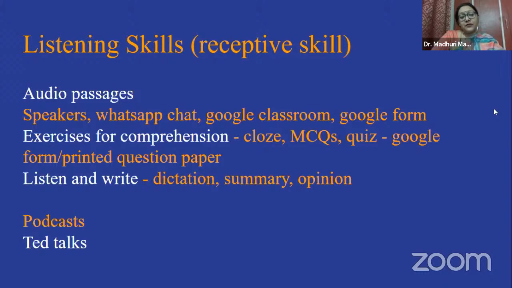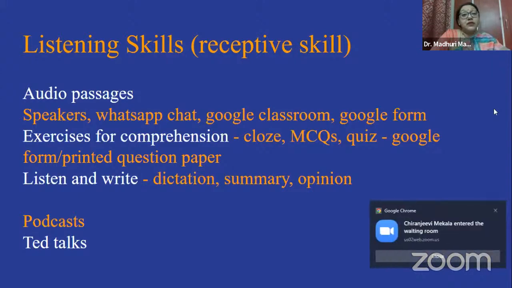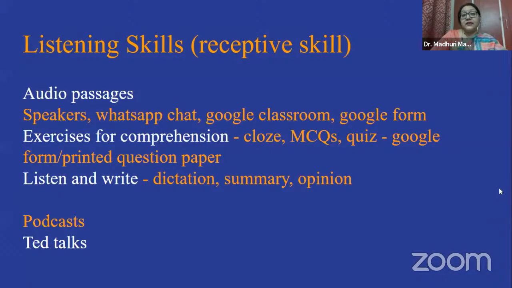So we need to train students in both the things, listening for an overall theme as well as listening for specific information. Now, when we tell them these things and when we communicate to them what it is that they need to listen for, you will notice that the students automatically become more conscious of hearing what is being communicated.